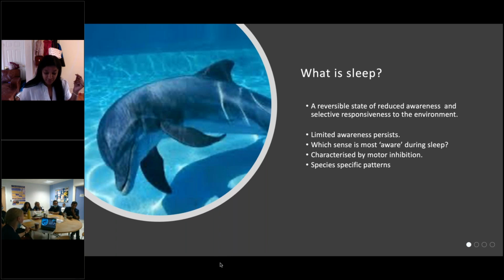Obviously we can't do that, but there are lots of other aquatic animals and birds that are also able to switch off half of their brains to allow rest. And the position that we sleep in is also quite variable with different species as well. So you'll know whales sleep vertically and we sleep horizontally. Anyway, next slide.